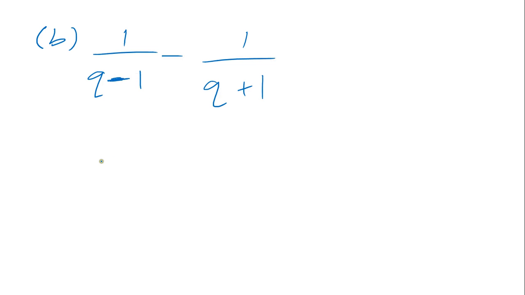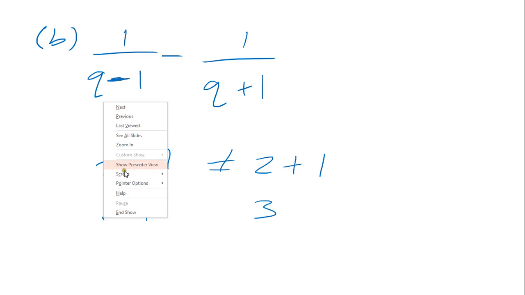So remember, 2 minus 1 is not the same as 2 plus 1. So this is 1 and this is 3. So these are absolutely not common denominators. It's actually impossible for them to be the same value, because that would imply that 1 and negative 1 are equal.